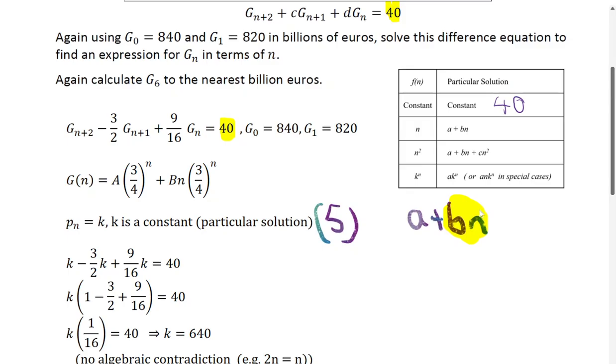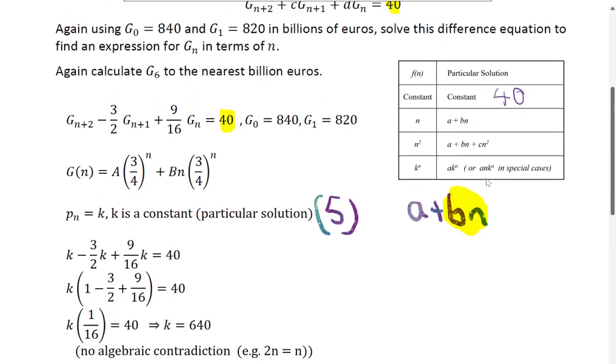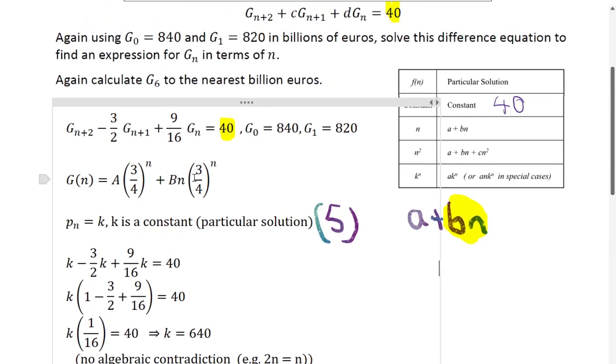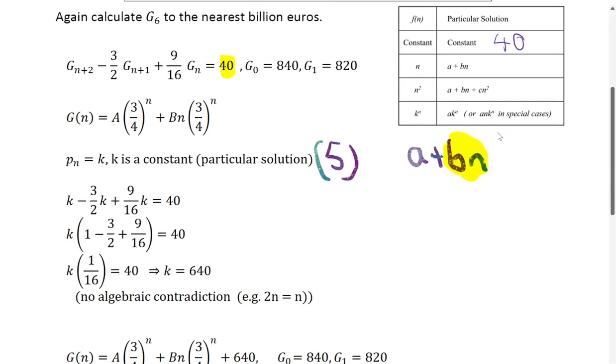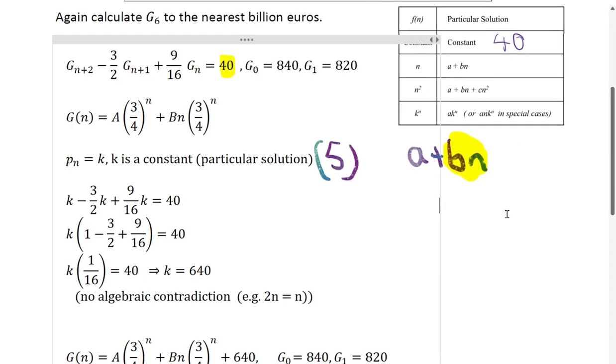If we've a repeated root, if the constant has something to do with one of our answers, then we have to do a special case where it's K N to the power N. I'll find an example and throw it into the comments of one that works in that way.